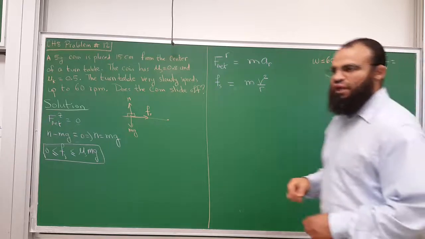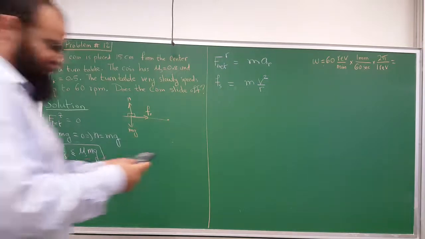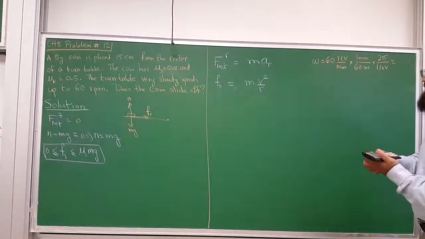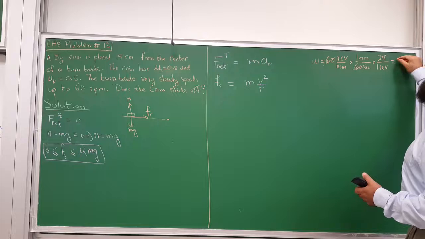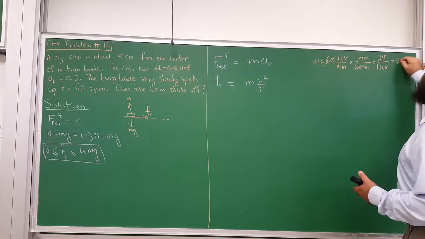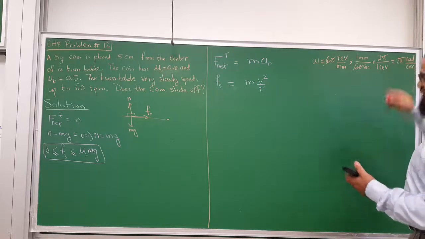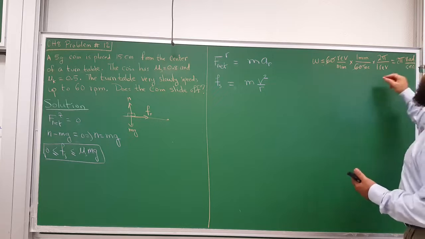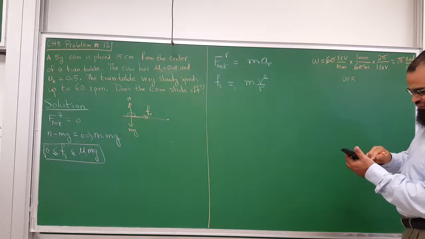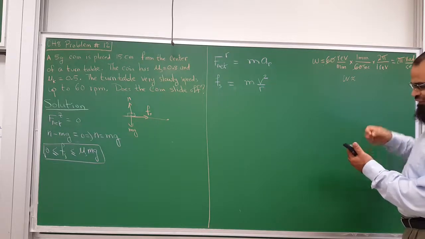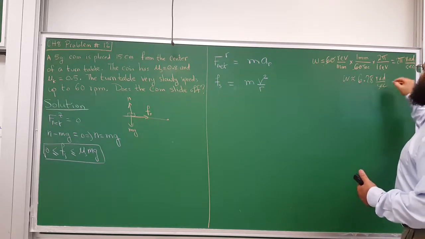And so let's see what omega is. Oh, that's nice. 60 cancels 60, so it's just 2π radians per second. And 2π is about 6.28. So omega is approximately 6.28 radians per second.